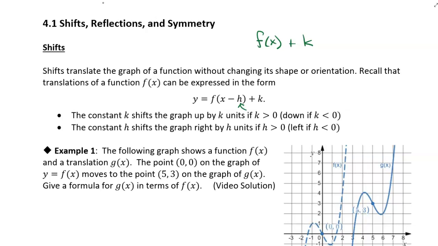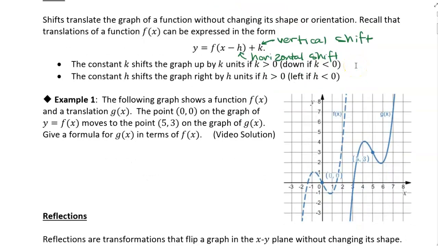So h controls the horizontal shift, and this k value controls the vertical shift, okay? So let's just take a look at this first example. We have a function f of x.